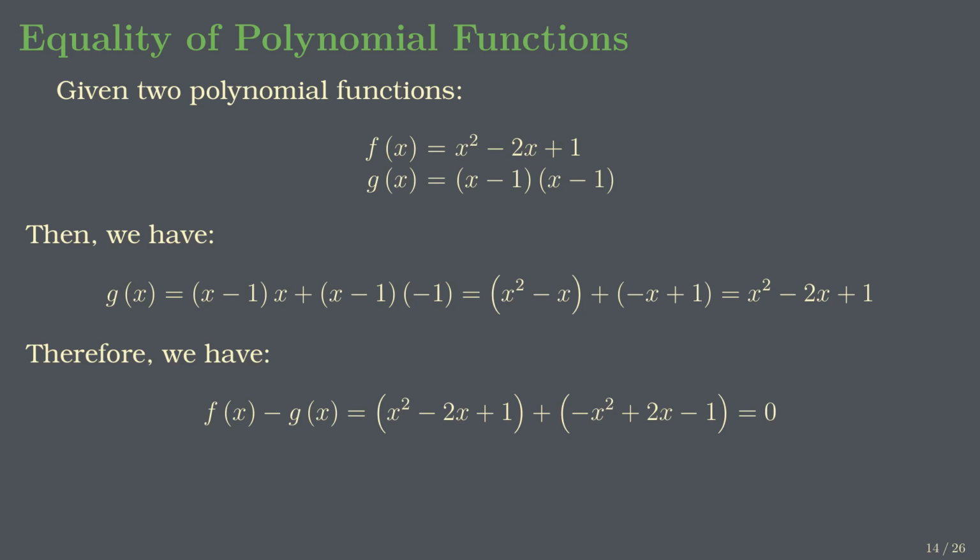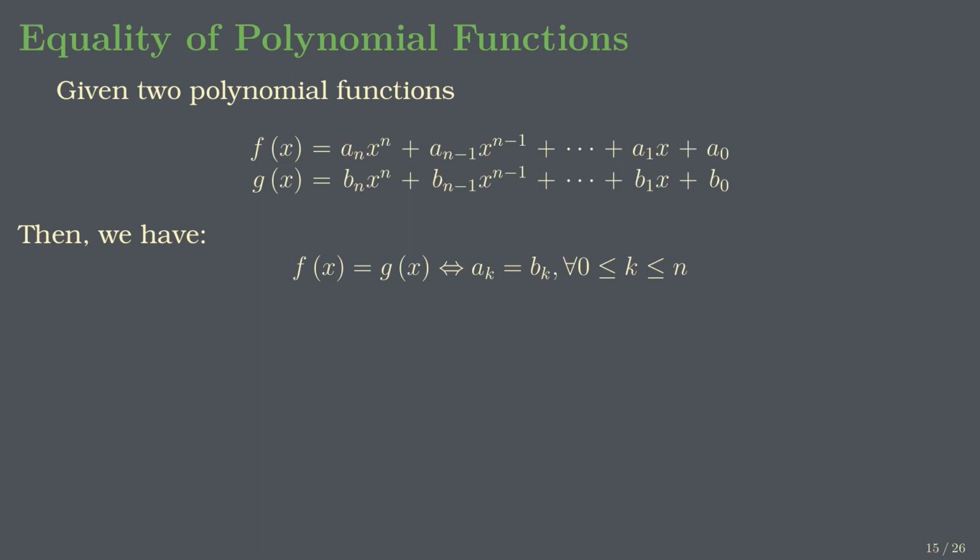If they are of the same degree, then you compare the coefficients pairwise. If they are all the same, then f(x) is equal to g(x). That is the way we can compare two polynomial functions and tell whether they are the same or not.